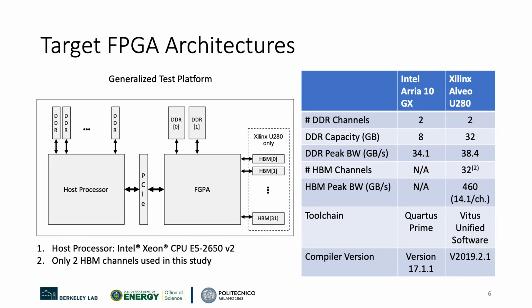We investigated the Intel Arria 10 FPGA with the Quartus Prime version 17.1.1 development environment, and the Xilinx Alveo U280 with the Vitis Unified Software version 2019.2.1 development environment. Both devices contain two channels of DDR, and the Xilinx U280 also contains a high bandwidth memory subsystem.